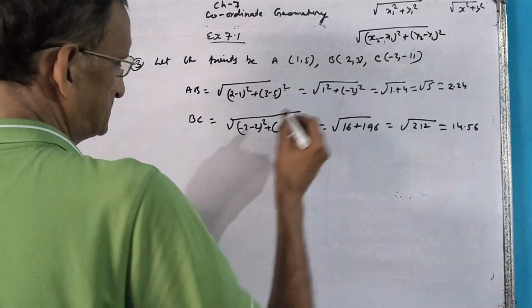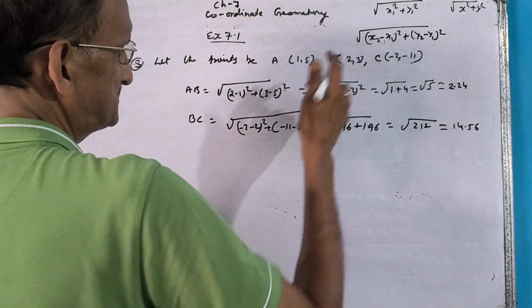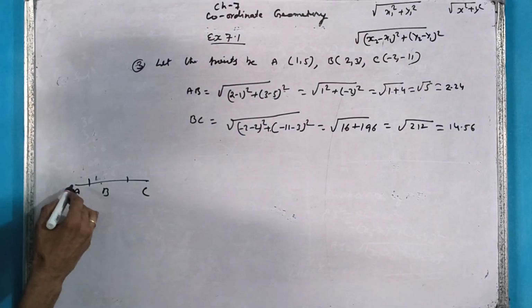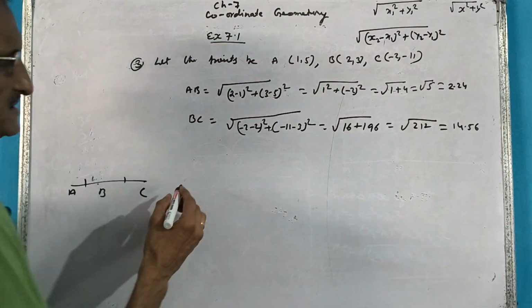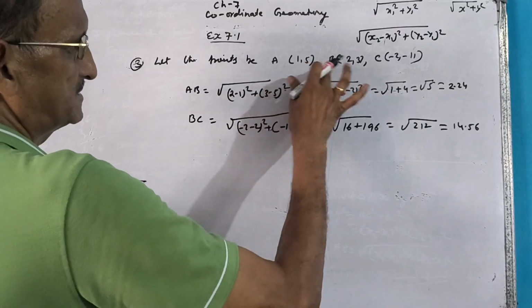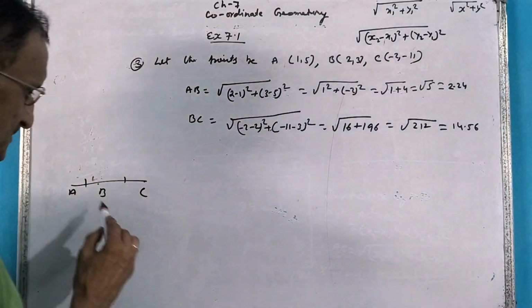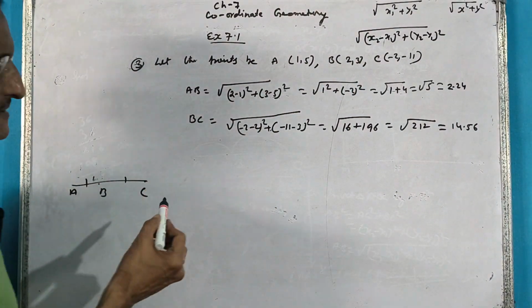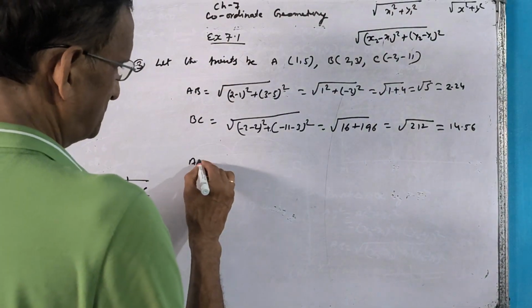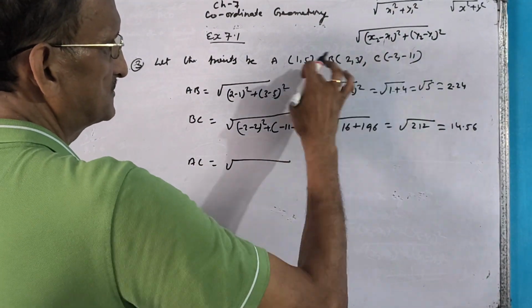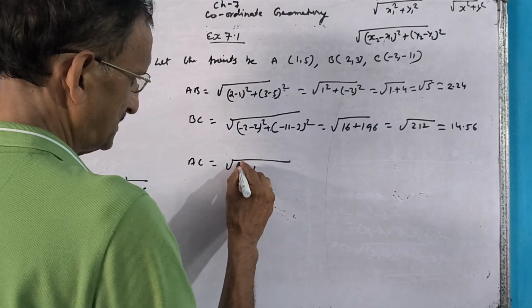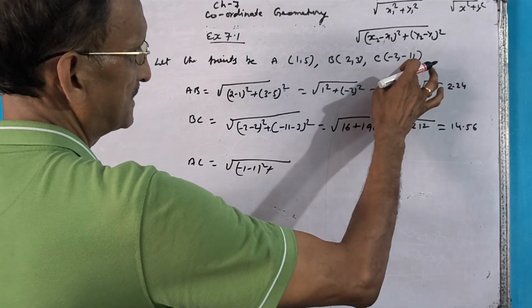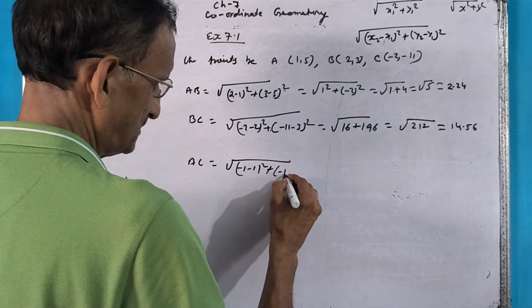Then now find AC. Either AC or CA is the same thing. To find AC, because we need to check that AB plus BC equals AC. For the 3 points to be collinear, AB plus BC must be equal to AC. So AC is root of (-2 minus 1) whole square plus (-11 minus 5) whole square.